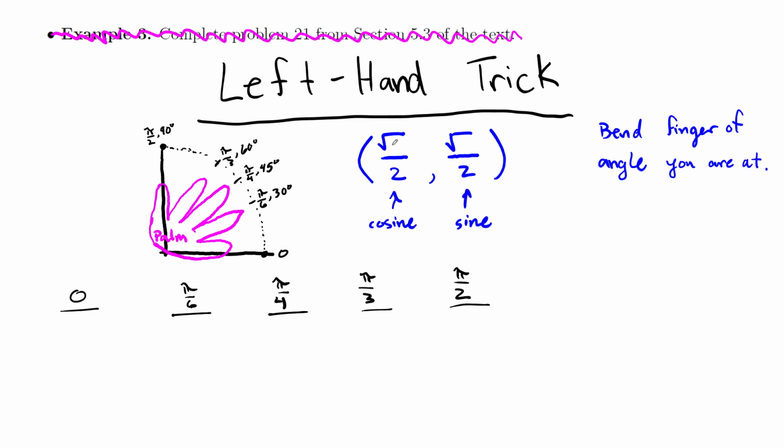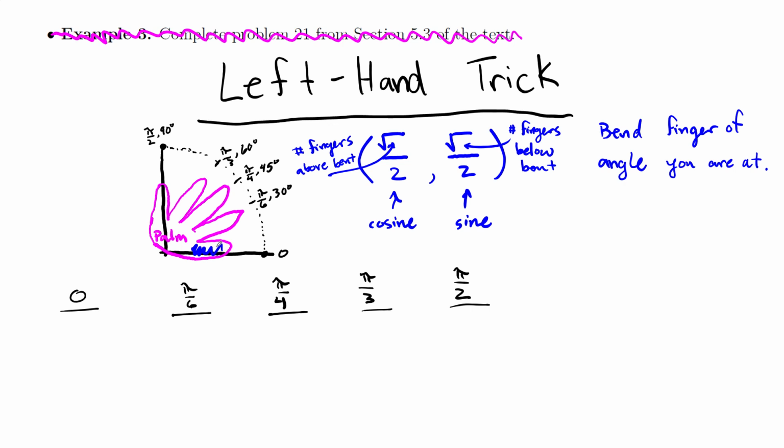The number that you stick into the first square root for the x is the number of fingers above the bent finger. And the one you're going to put in for the y is the number of fingers below the bent finger. So let's try this. Obviously, I'm going to have trouble bending this picture, but you get the idea. I'm going to color in to say that that's bent.